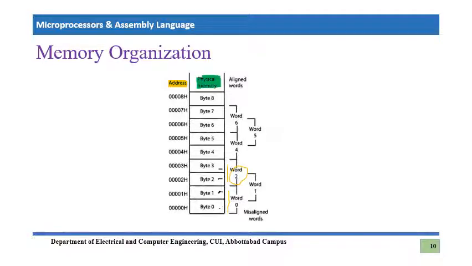Similarly, byte 4 and 5 combine and create word 4, and so on. So let's inspect a random word and check whether it is aligned or not. Let me clear the whole stuff so that it will become easier for us to understand.